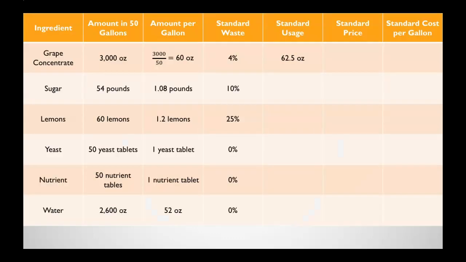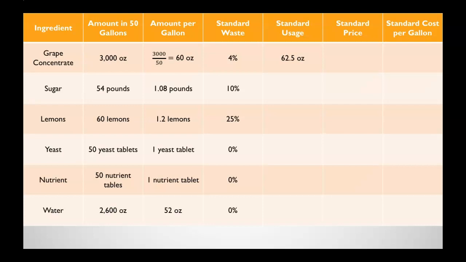So now we can toss that into our table. A gallon of wine is going to require 60 ounces of grape concentrate. But if we're expecting to waste 4%, we need to include 62.5 ounces to make up for that lost grape concentrate.